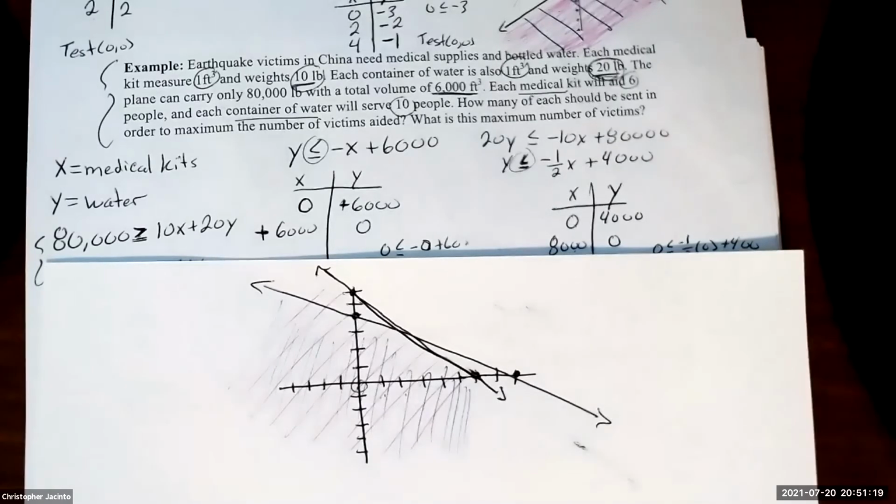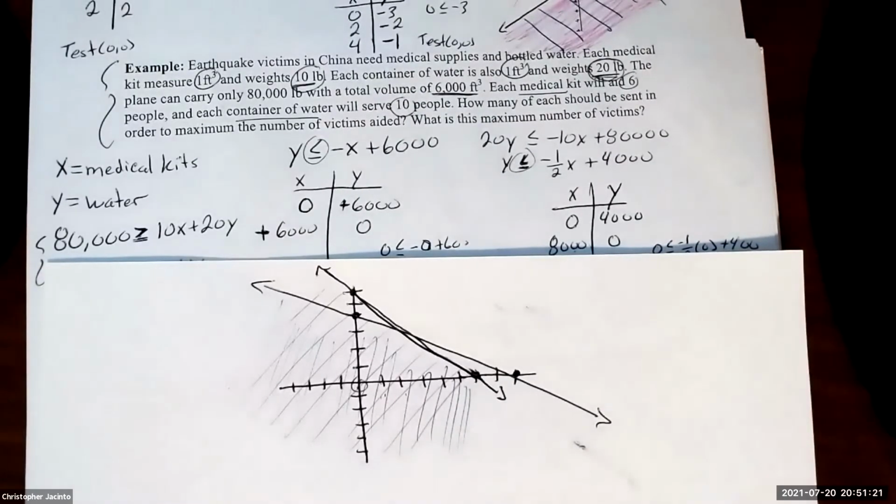So now that we have that going on, we can go back to the actual question itself. The question said, how many of each should be sent in order to maximize the number of aided, right? Here's a fun fact. What does it mean by maximize? What does that word mean? Anybody know?